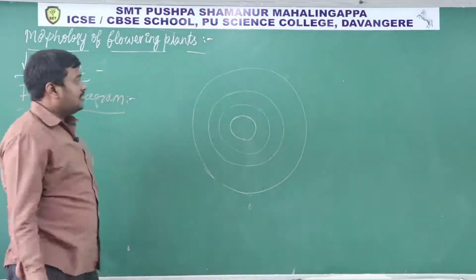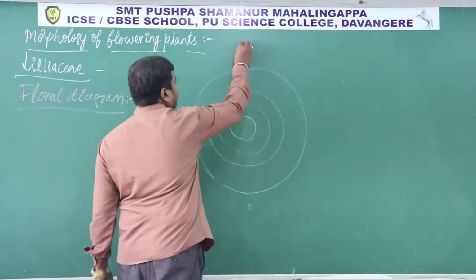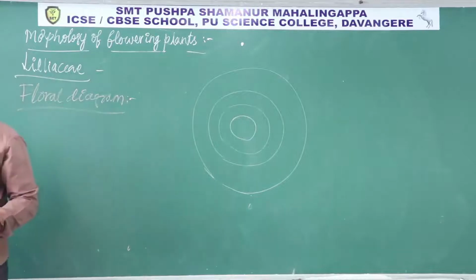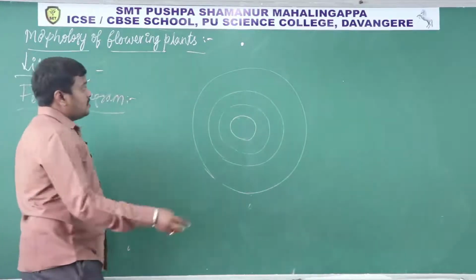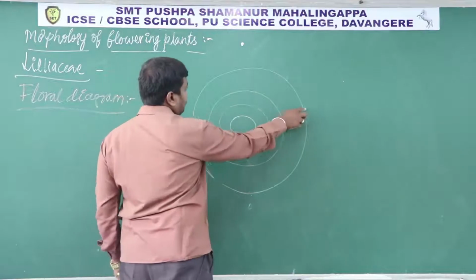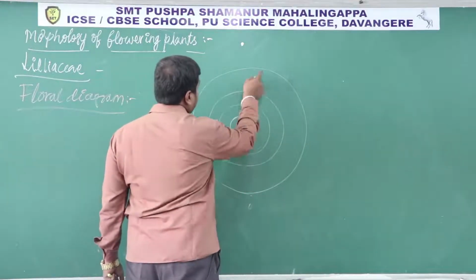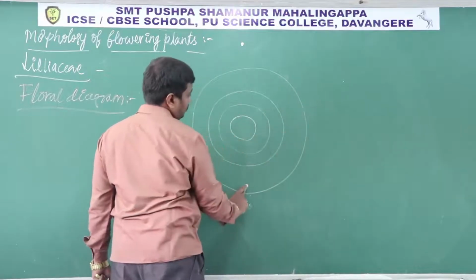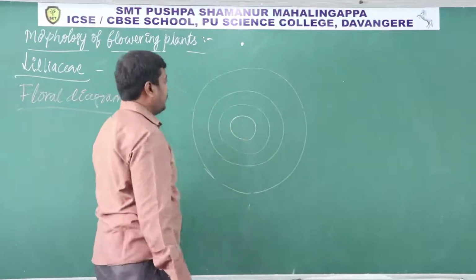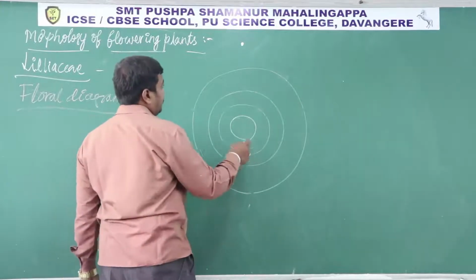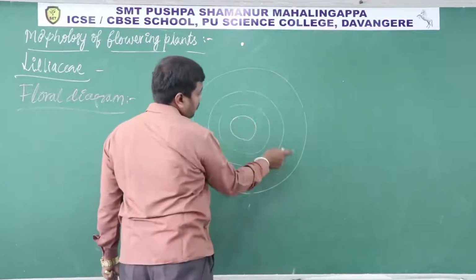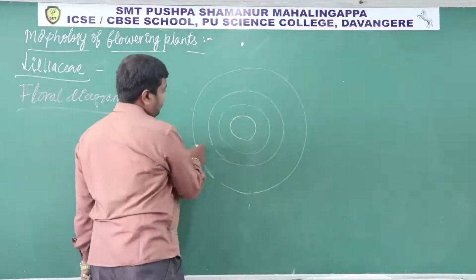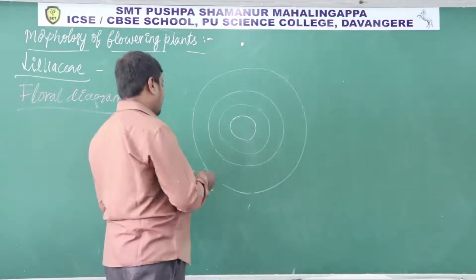So this is the axis. Okay, so outer 3 and inner 3 tepals. Let me divide into 3 parts. So this is 1, 2 and 3. Okay, so outer 3, 1, 2 and 3. So totally outer 3 and inner 3.